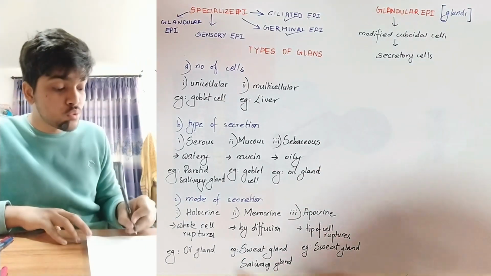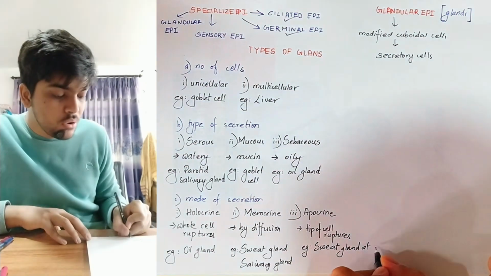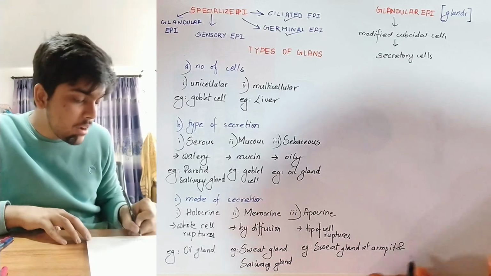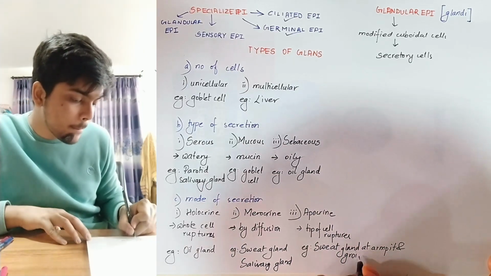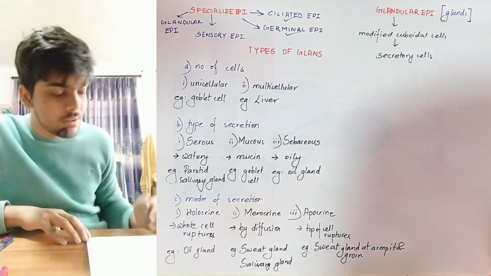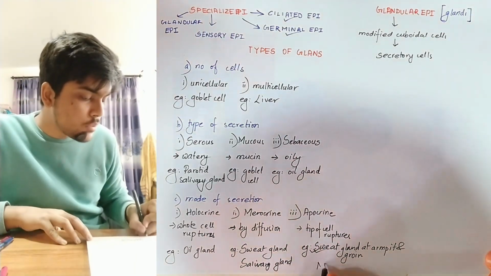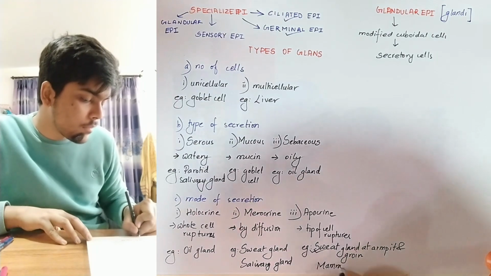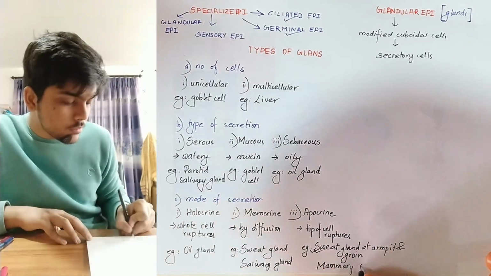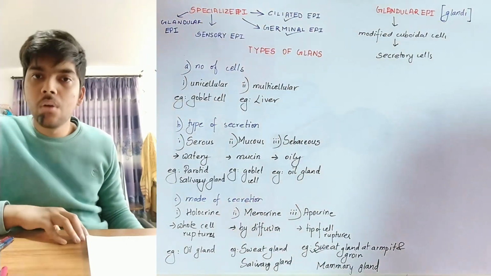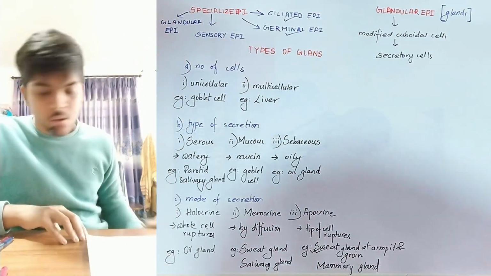But if the question is sweat gland at your armpit and groin region, then that's your apocrine gland. This you need to remember. As well as your mammary gland. The tip of the cells rupture along with the secretion of milk.